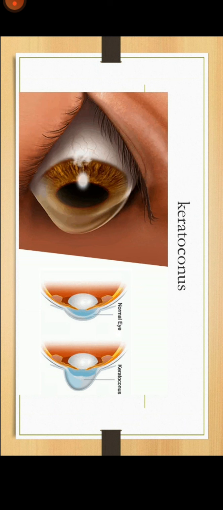But it should be examined previously, because in severe conditions the corneal thickness is very much decreased and the structure may bulge out. In that condition, Pindi is not advised. We should examine whether the cornea is healthy.